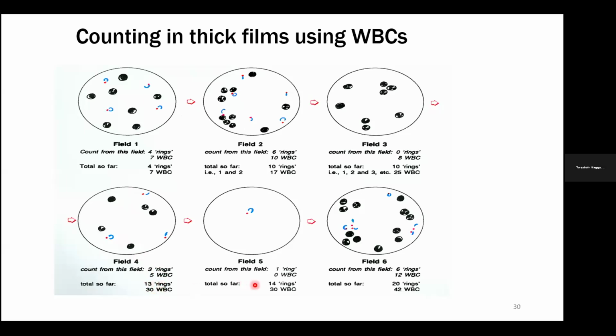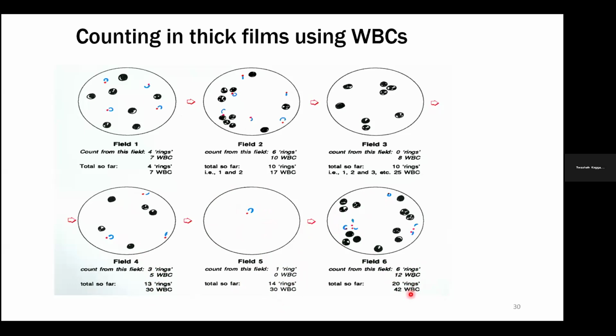Then in field 5, there is only 1 parasite and there is no white blood cell. The total is now 14 parasites and that of WBC is 30. Then in field number 6, there are 6 parasites and 12 WBCs. Our total is 20 parasites and 42 white blood cells.